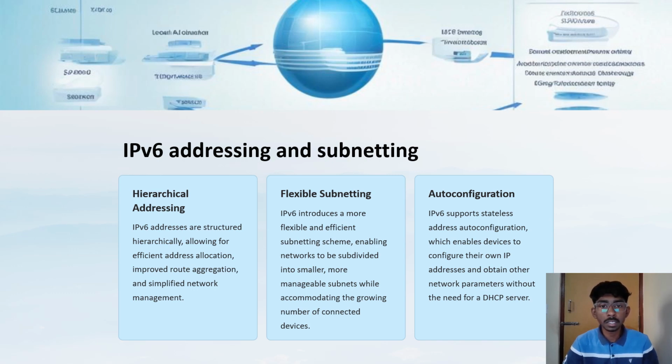IPv6 introduces a flexible and efficient subnetting scheme, enabling networks to be subdivided into smaller and more manageable subnets while accommodating the growing number of connected devices. Auto configuration. IPv6 supports stateless auto configuration, which enables devices to configure their own IP address and obtain their other network parameters without the need of a DHCP server.